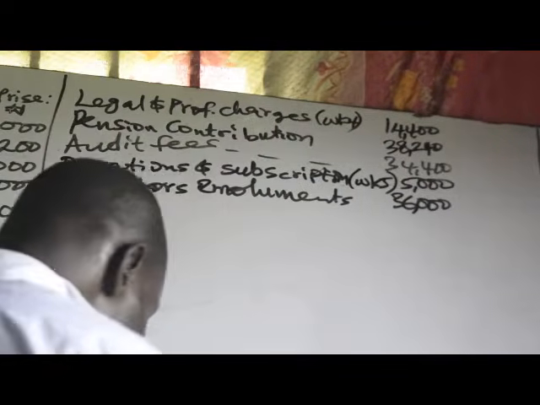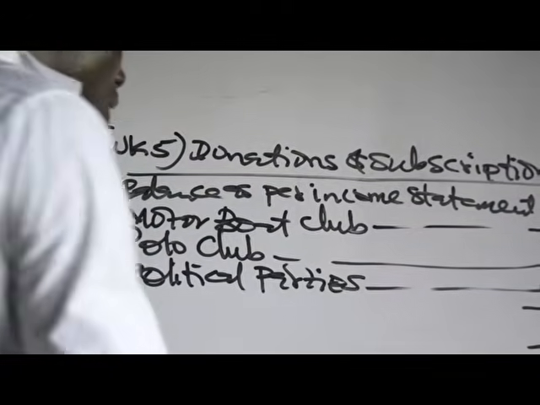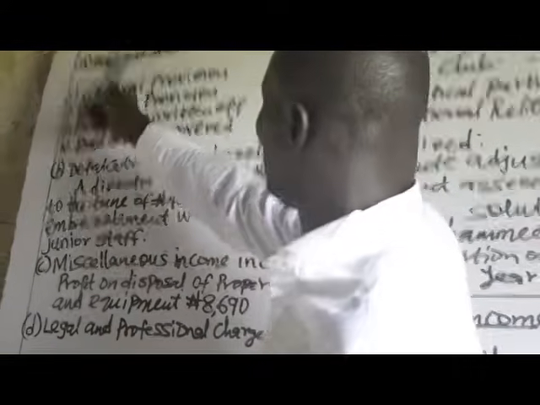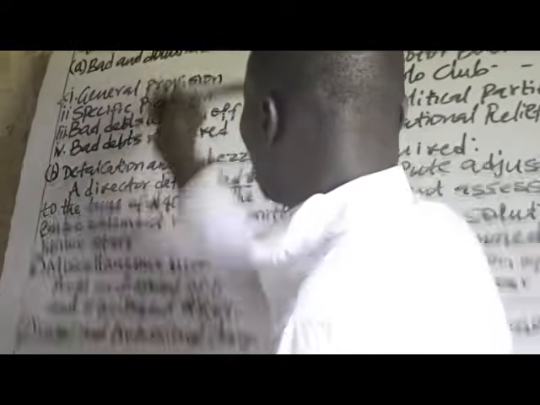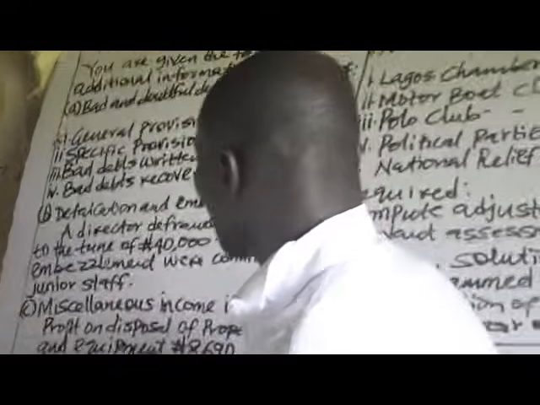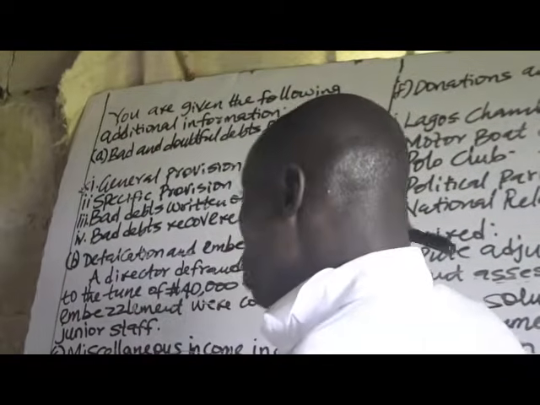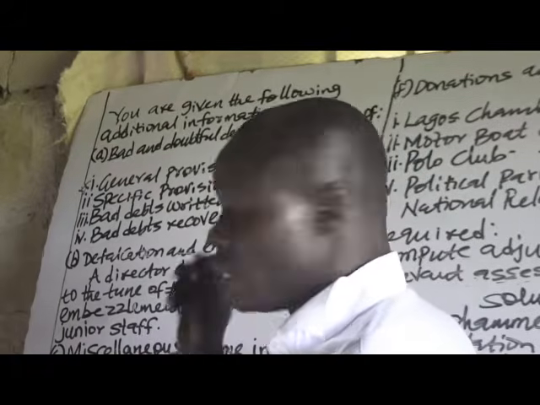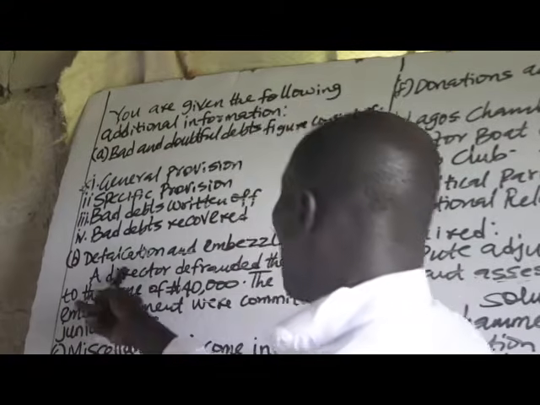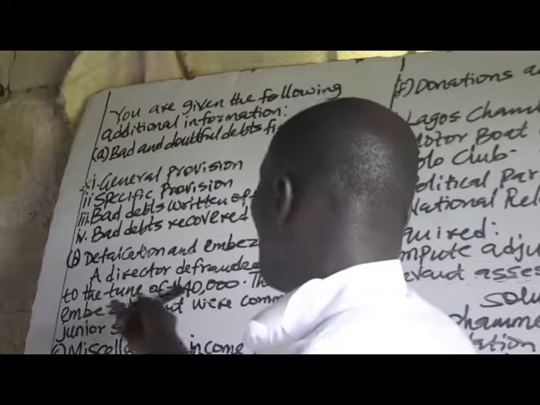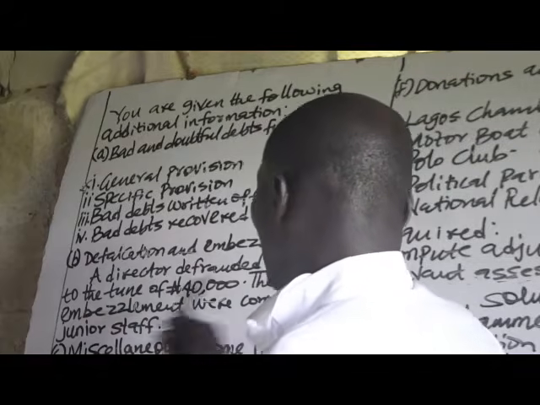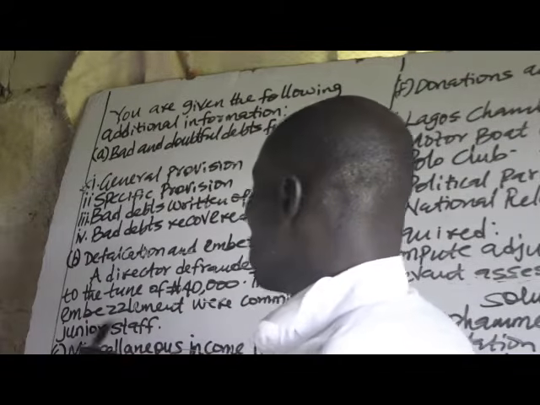Now, having considered all the items of expenditure in the income statement, let's go through the notes to see if there is anything that ought to be considered. The first item in the note is bad and doubtful debts, and that has been considered. Depreciation and embezzlement. There is no depreciation and embezzlement in the income statement. You were told that a director defrauded the company to the tune of 40,000 naira. The other embezzlement were committed by junior staff.